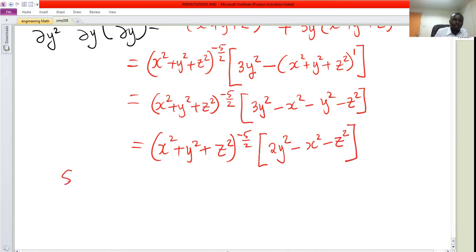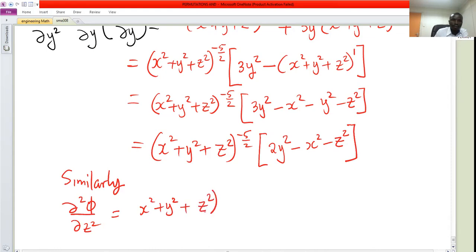So similarly, if you do what we have done for x and y, you should get partial squared phi over partial z squared will be given by x squared plus y squared plus z squared minus 5 over 2 into, now we'll have 2z squared minus x squared minus y squared. Just follow the same steps. You should arrive at this.